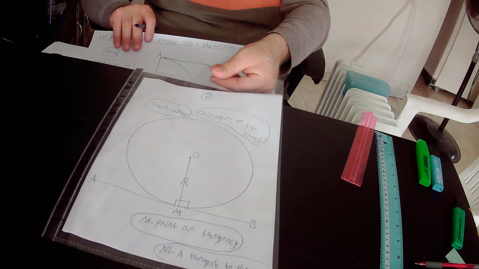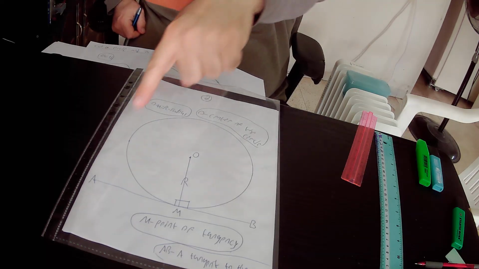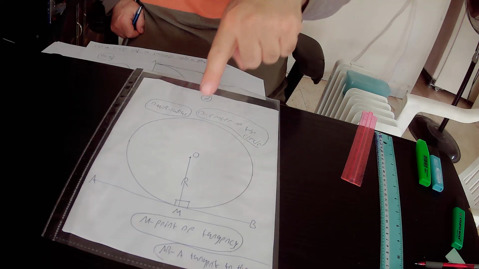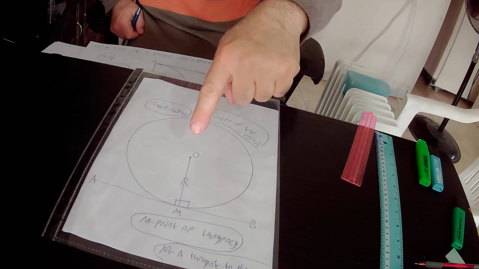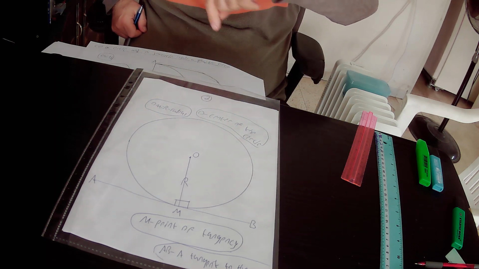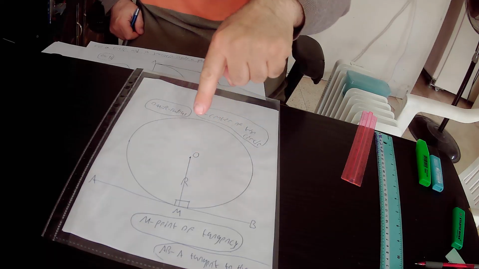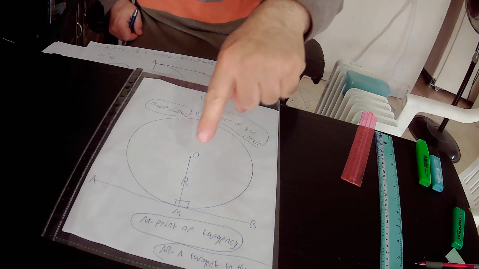So, in the drawing we have a circle, and this is tangent AB, that is tangent to this circle at point M. Point M is the point of tangency of tangent AB with this circle. And we have the radius OM that is equal to R. The radius OM is drawn to point M, the point of tangency.